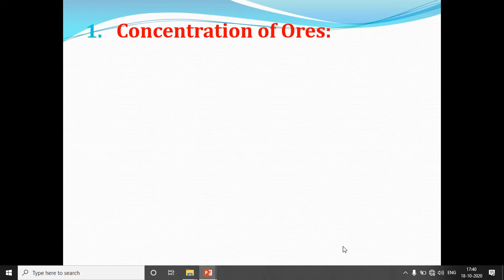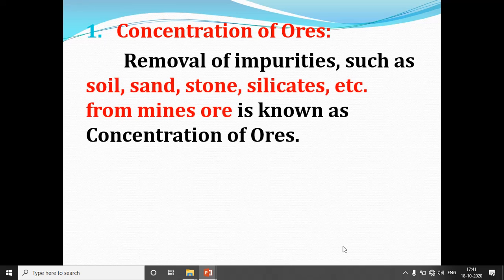So first step is concentration of ores. So what is meant by concentration of ores? Removal of impurities. When the metals are available in the form of ore, they contain a lot of impurities such as soil, sand, stone, silicates, etc. When we are mining the ore, it contains impurities.